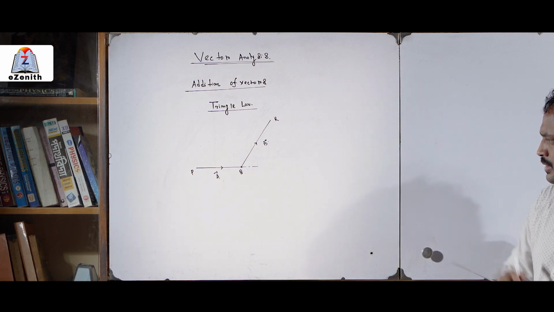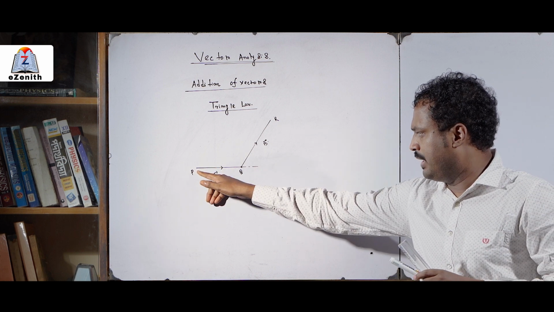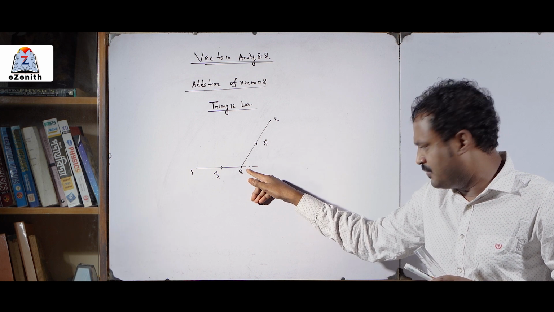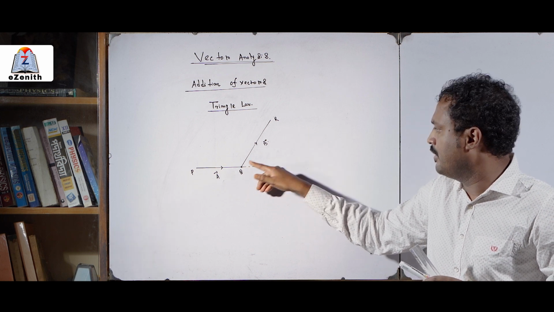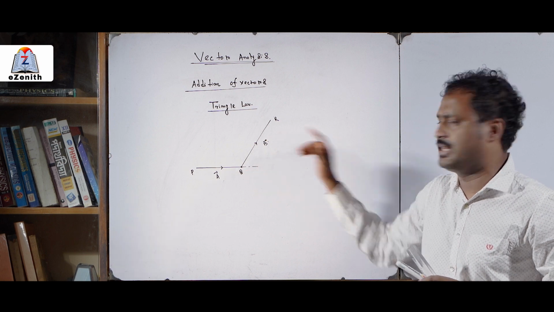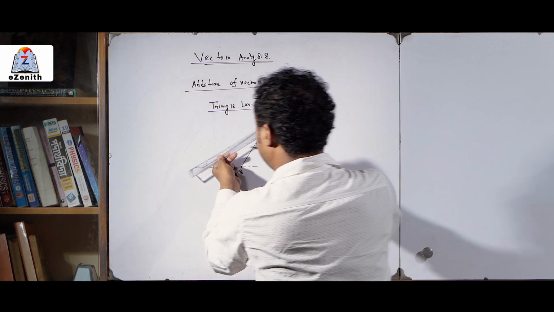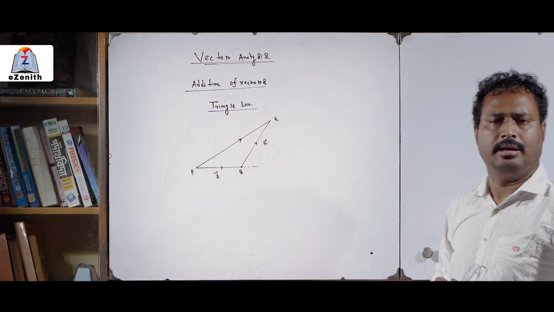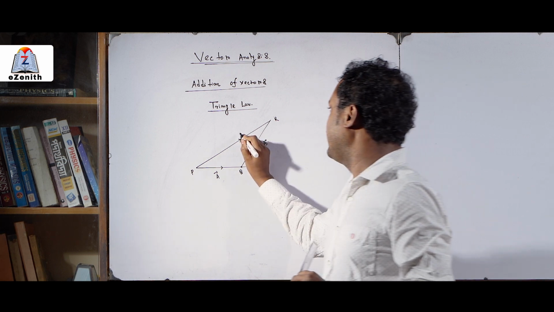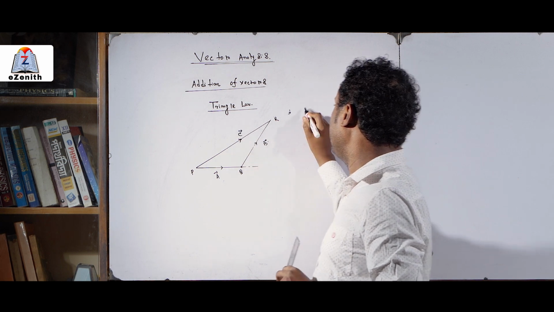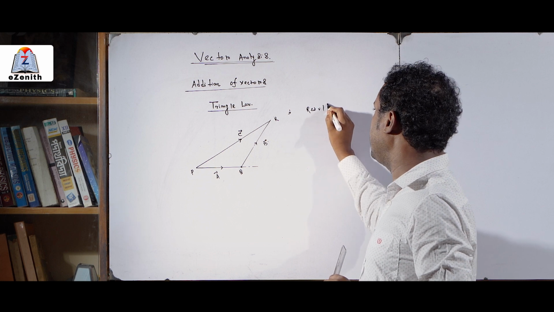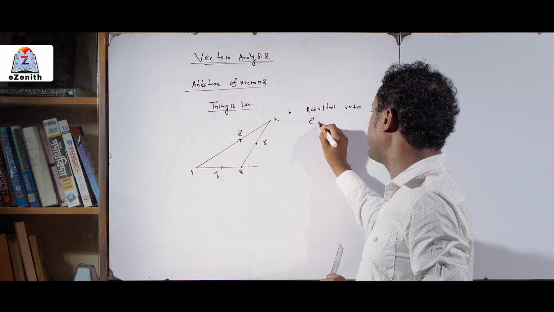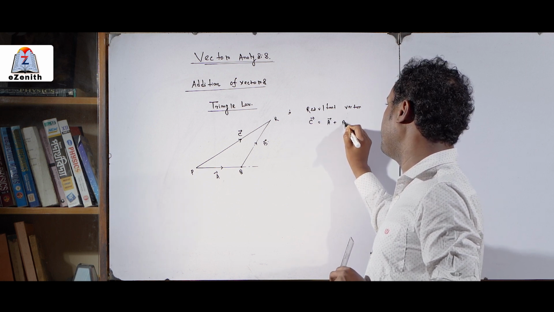Then just try to understand the point. These two vectors are arranged such that the end point of the first vector meets the initial point of the second vector. Then the resultant vector is defined as P to R, and if the resultant is C vector, then from the triangle, very simple, the resultant vector C is equal to A vector plus B vector.